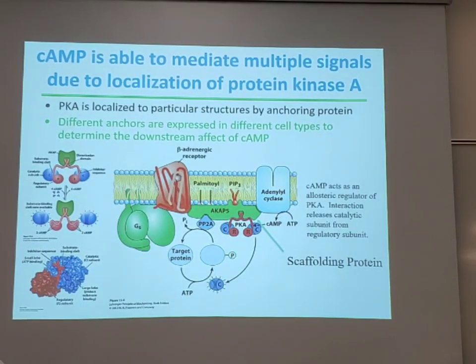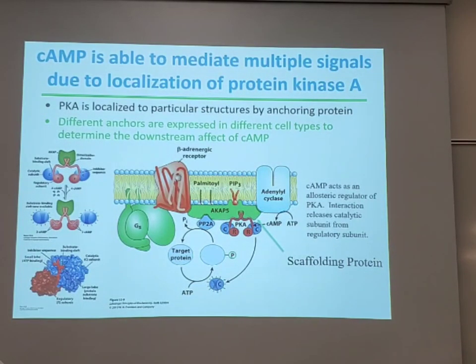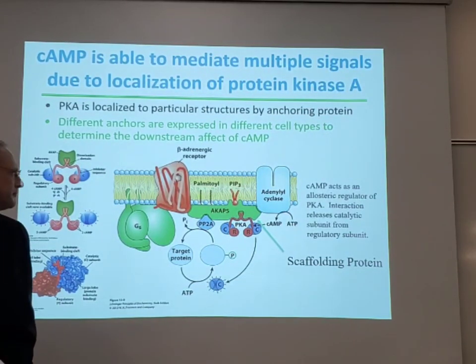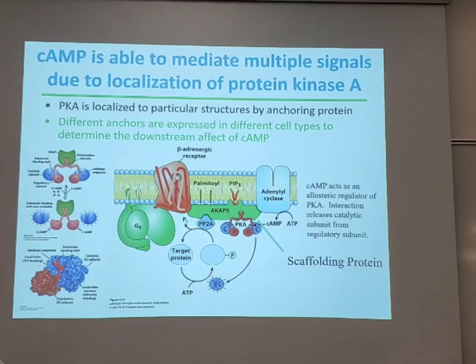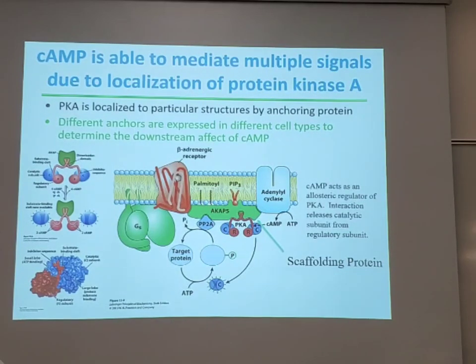But as long as they have adequate cyclic AMP, they're going to start working. So is it like that there's like a level of cyclic AMP that's there? A concentration. And as long as you have a certain concentration, you're active. If you would go below that concentration, then you deactivate. Yeah. Okay.